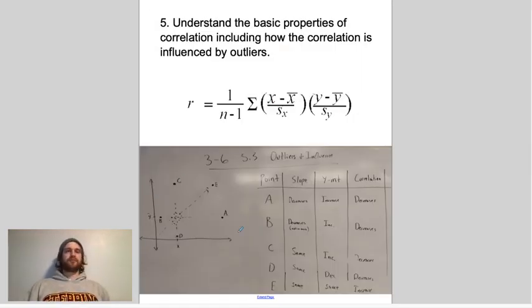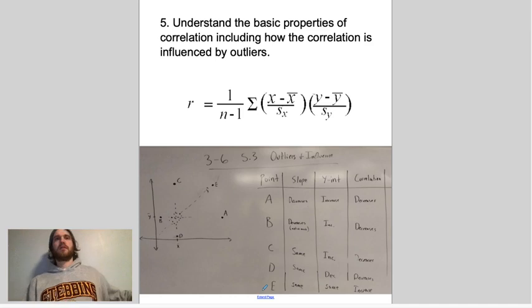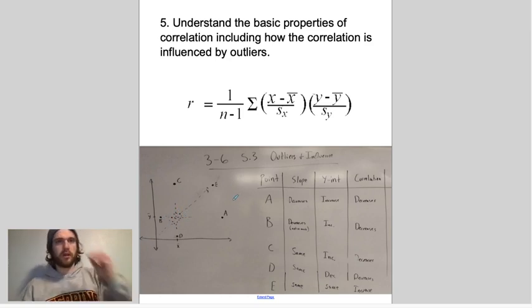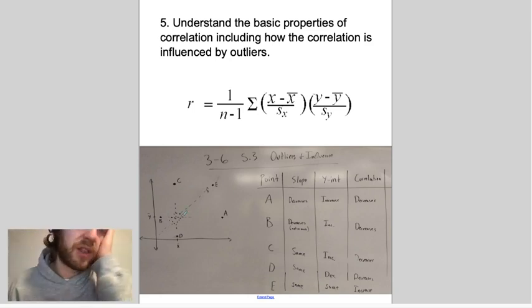Okay. So we're going to revisit this picture in a bit, but this is the main idea of how outliers are going to affect your correlation. Imagine that we only had this little cluster, and all these other lettered points have been removed.